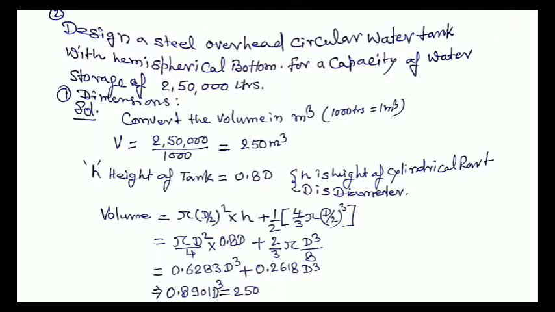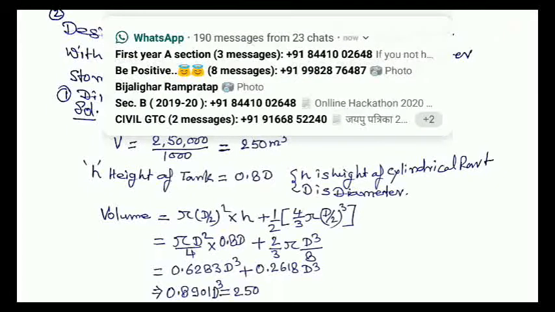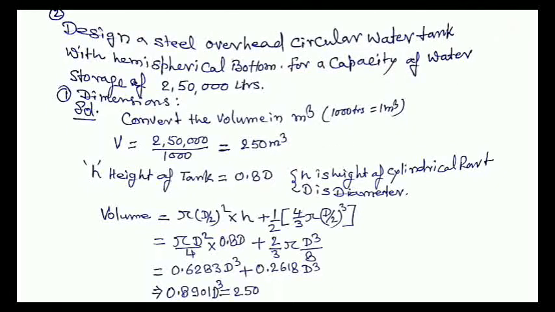Hence h, the height of the tank, should be 0.8 times d. So we have to put this h in the formula of the volume. So total volume 250 will be equal to pi into (d/2)^2 into h plus half of 4/3 pi (d/2)^3.